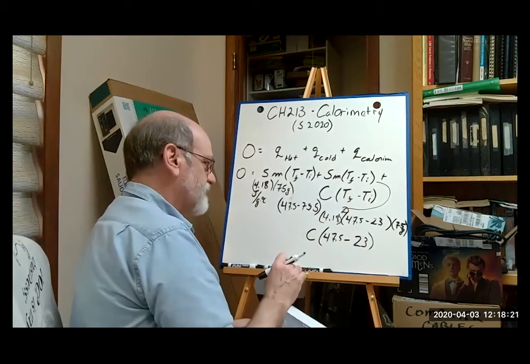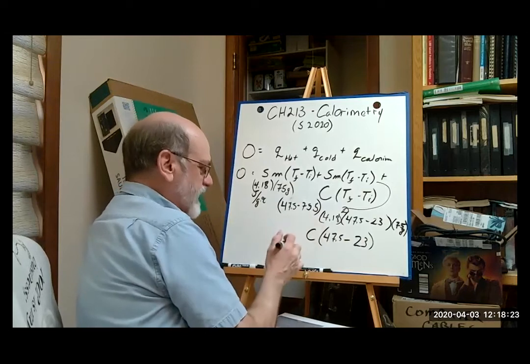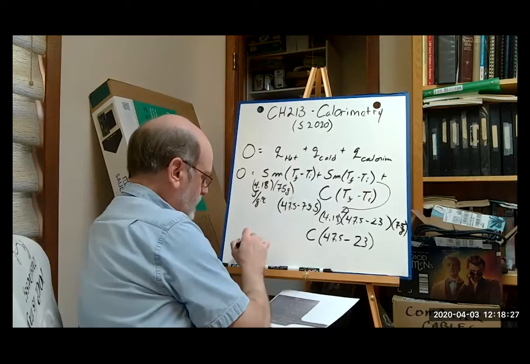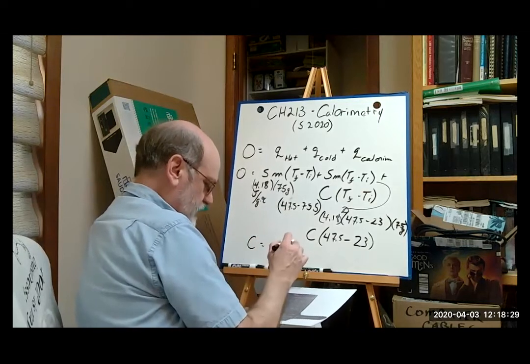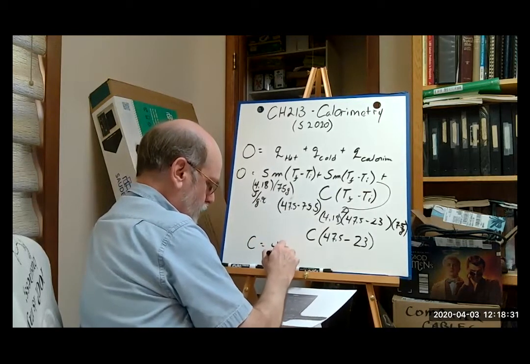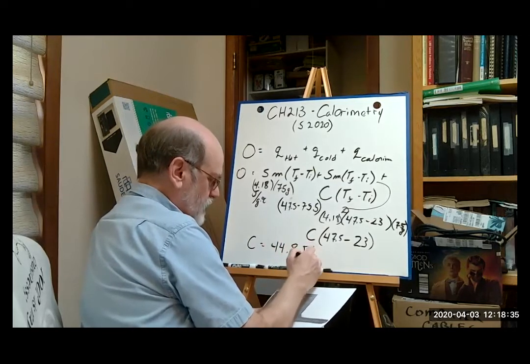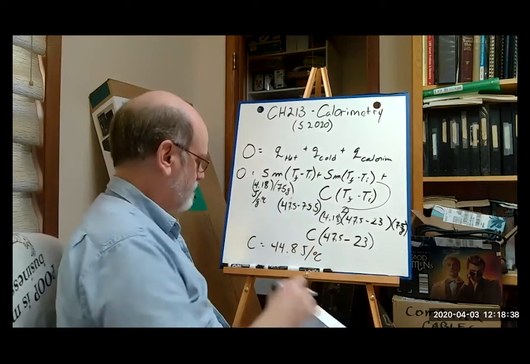So when you solve for C, and I'll let you do that because you're supposed to know algebra already, C in this case is equal to 44.8 joules per degree C.